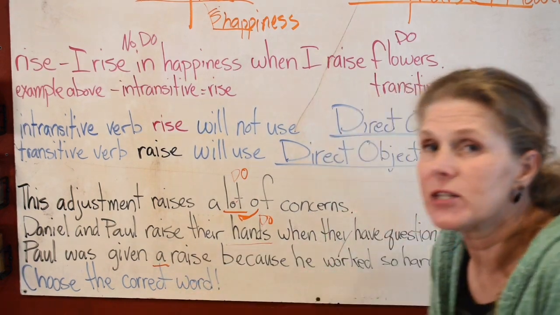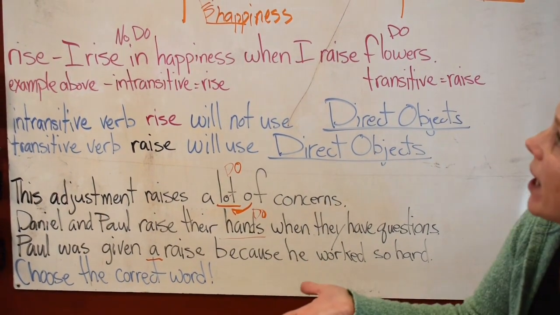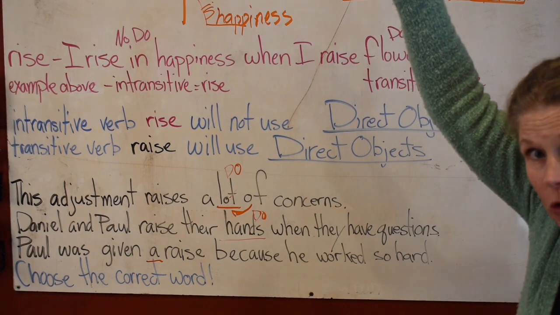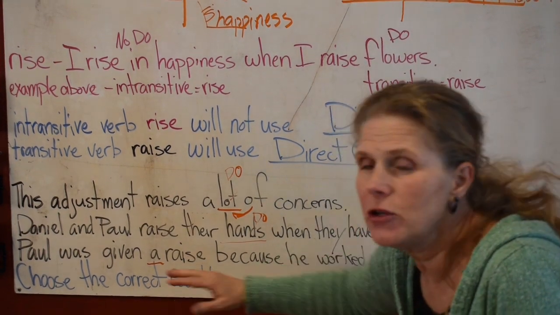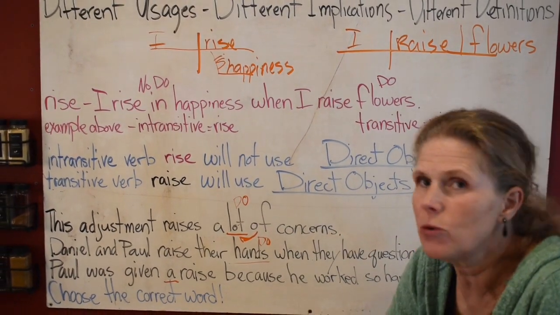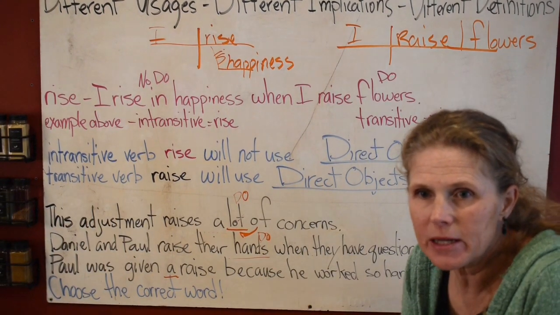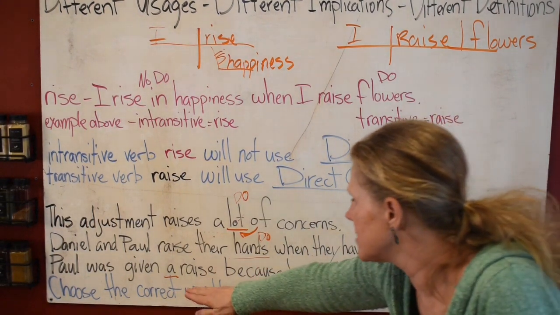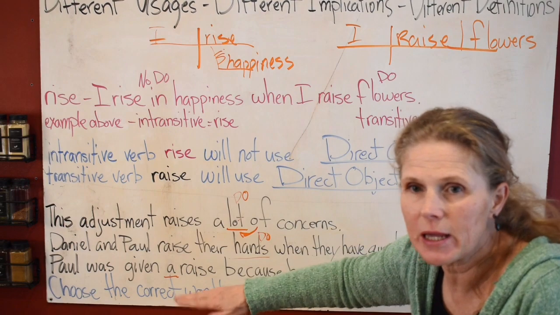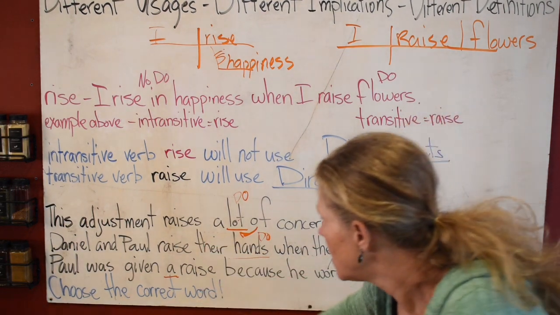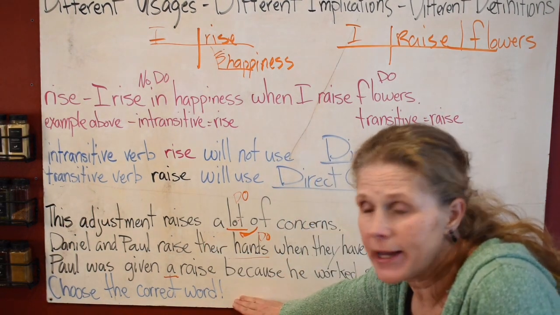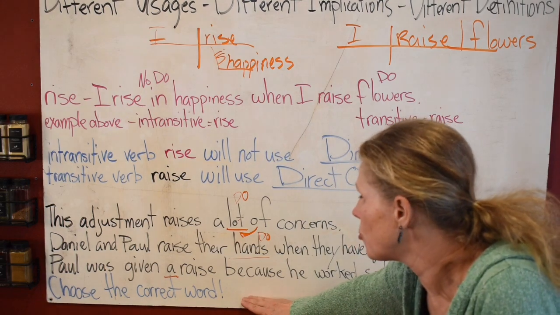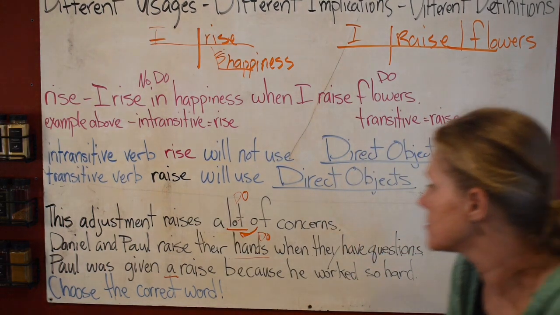Now, in this sense, when you are receiving money, see raise, your money is increasing. So you need to know what a raise is. It will never be the increase of money, as in your job, will never be rise. Choose the correct word, you guys. Make sure you follow through with that and choose the correct word.